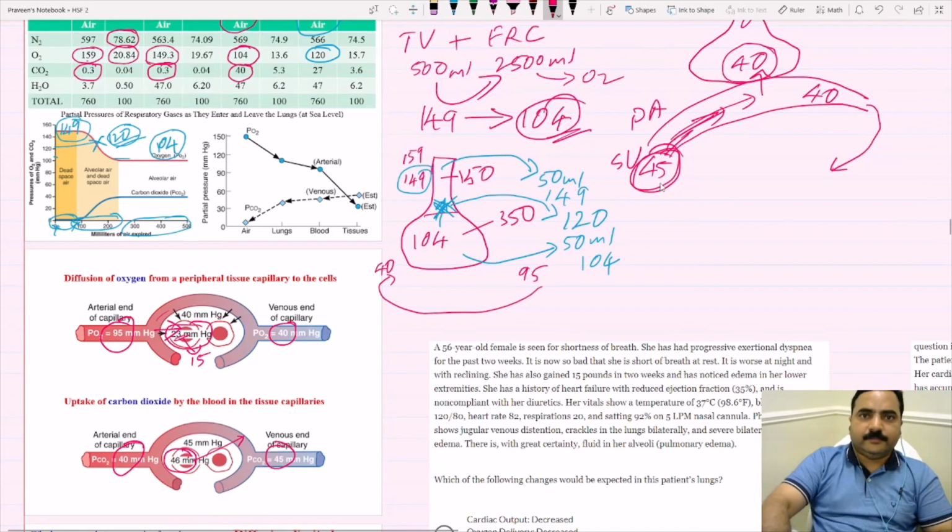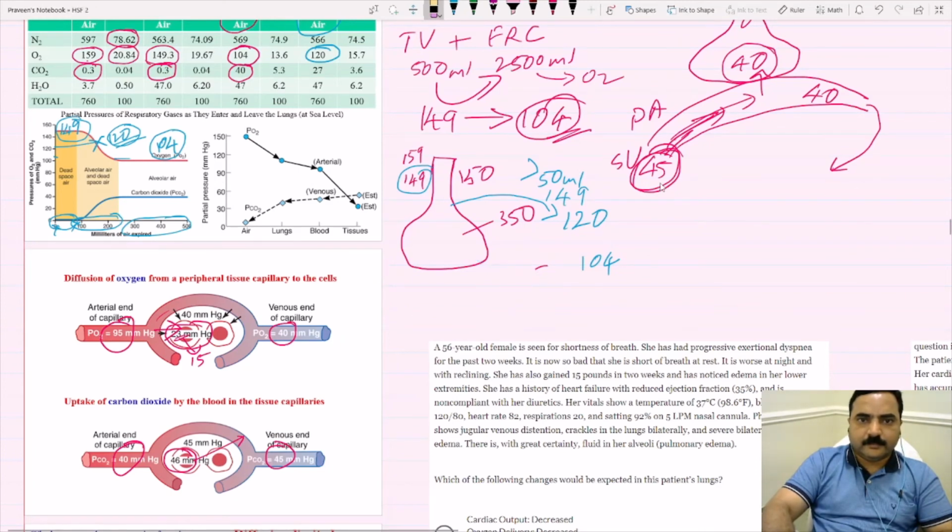Now if you take the same image and look at it for carbon dioxide, this is your alveoli. The outside is 0, here it is 0, here it is 40.